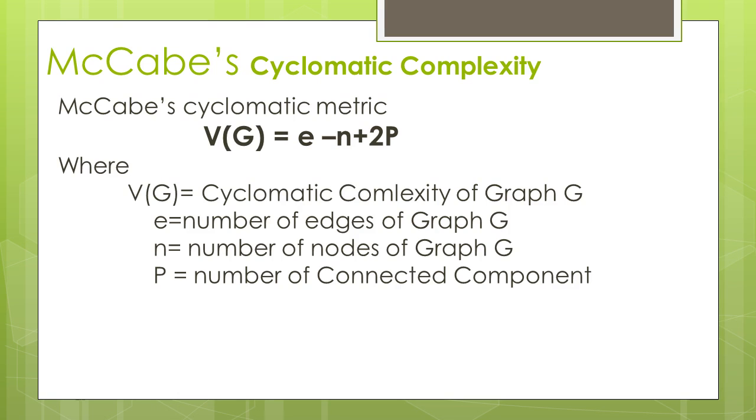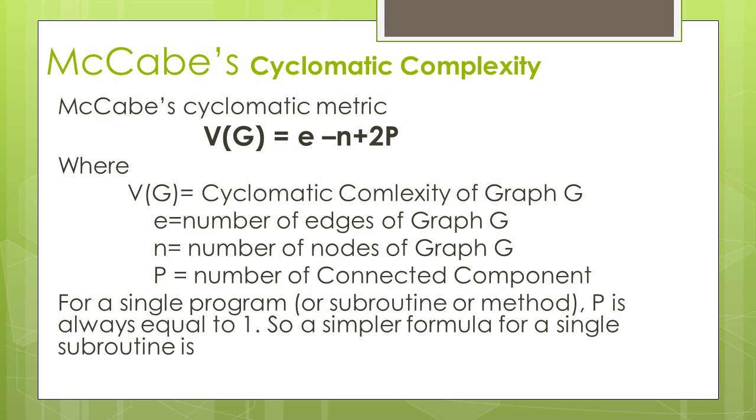McCabe cyclomatic complexity is represented by V of graph G. For a single program or subroutine, or you can say method, p is always equal to 1, meaning connected component is always equal to 1. So a simpler formula for a single subroutine is E minus n plus 2.